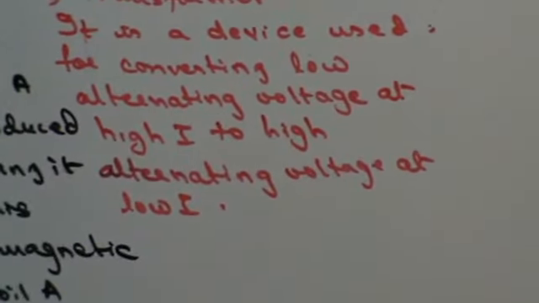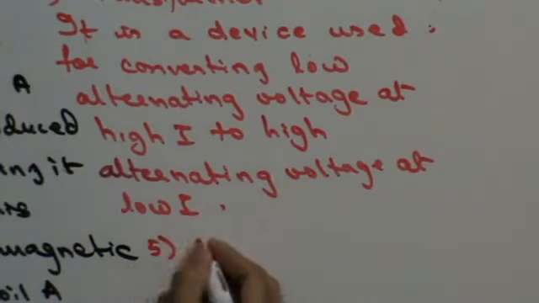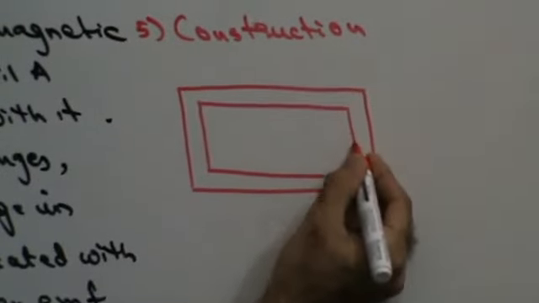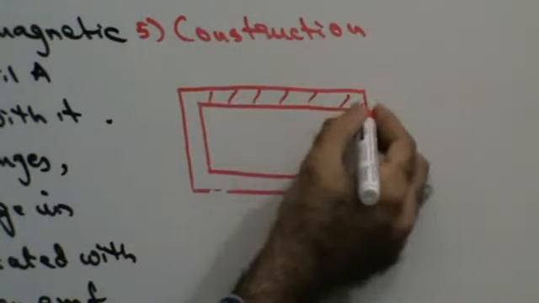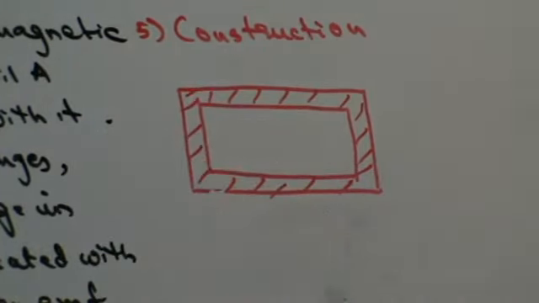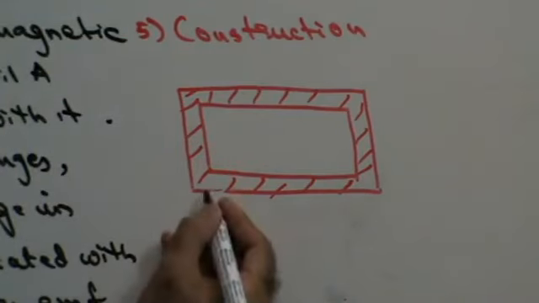Now, how do I construct a transformer? You would have a rectangular metallic strip, on which you would have two coils wound.